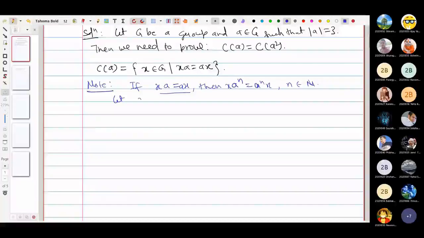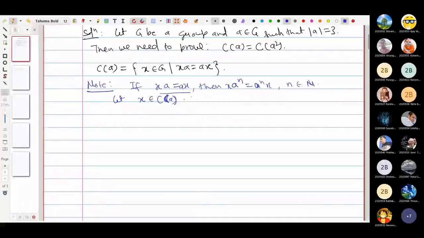So let x belong to the centralizer of A, that is, x commutes with A. So x is any element from C(A).